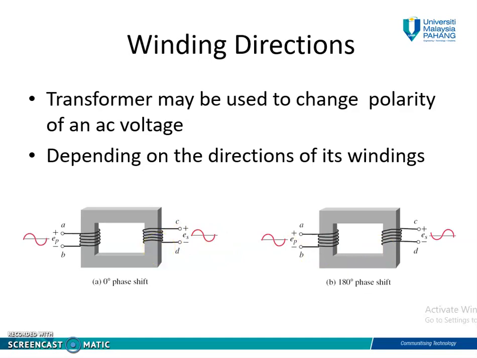Consequently, the voltage induced in the secondary winding in the second figure is 180 degrees out of phase compared with the induced voltage in the secondary winding in figure 1. And the direction of the secondary current is opposite from the primary current.